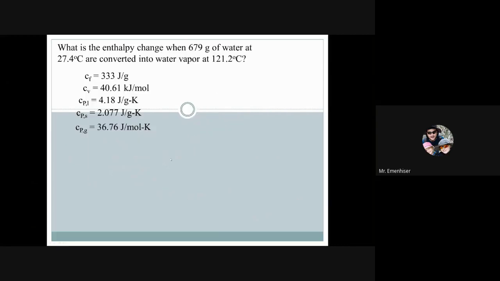Okay, and here's an example. I'm not going to go over the example here, but it's asking what is the enthalpy change when 679 grams of water at this temperature are converted into water vapor at this temperature. And then these are the steps for how we would do it. We look at the graph, we see where we're at, and we see where we need to be. So first we're going to heat the liquid.